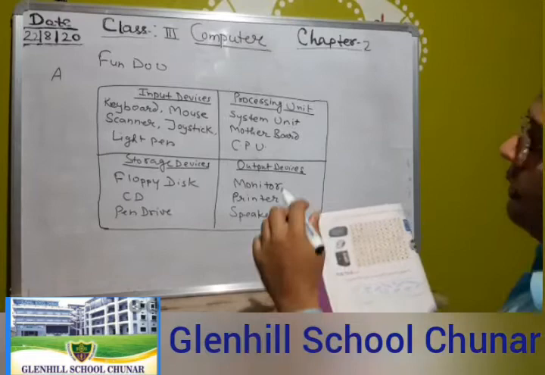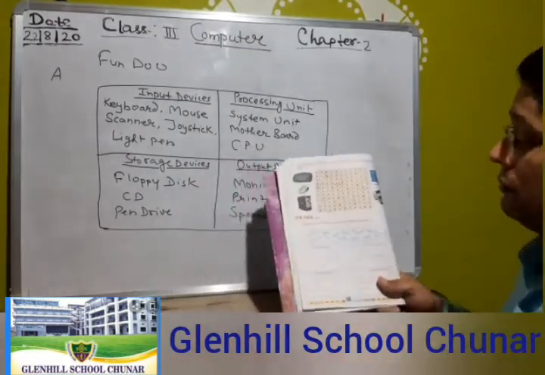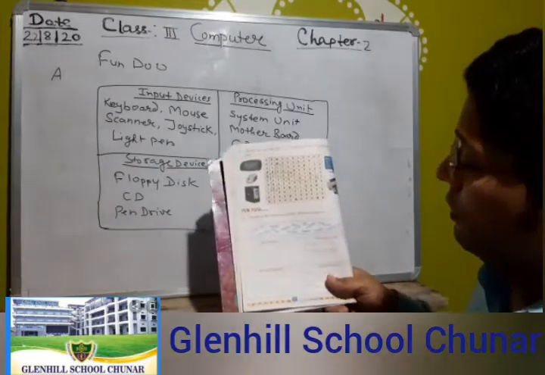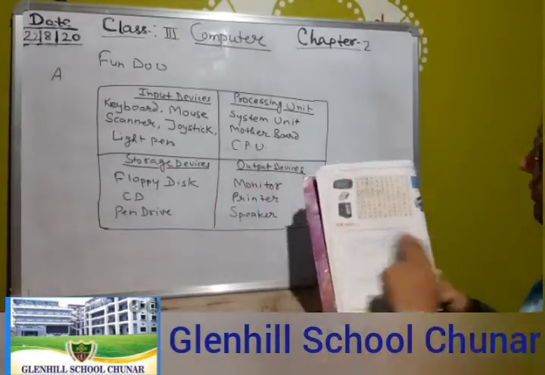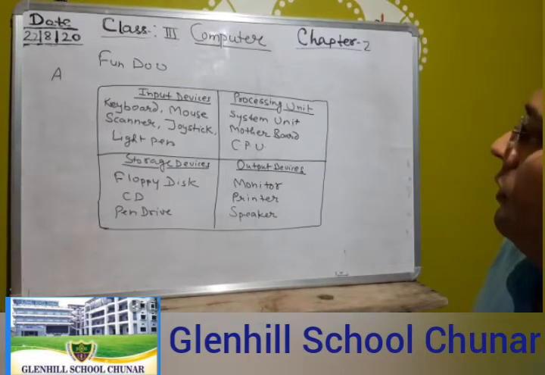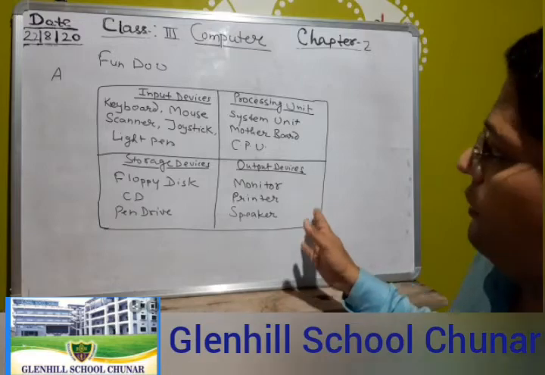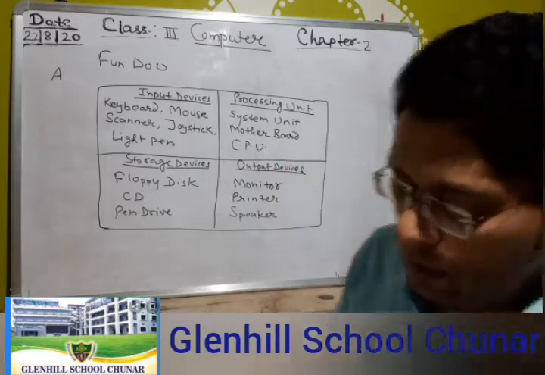So all the names are in a circle. So here are many different categories. So we will find which device fits the particular box.